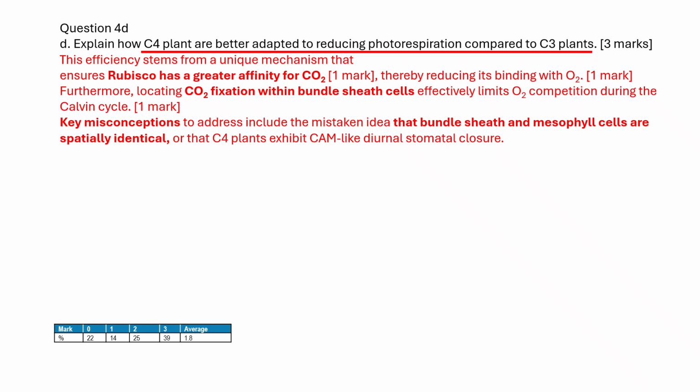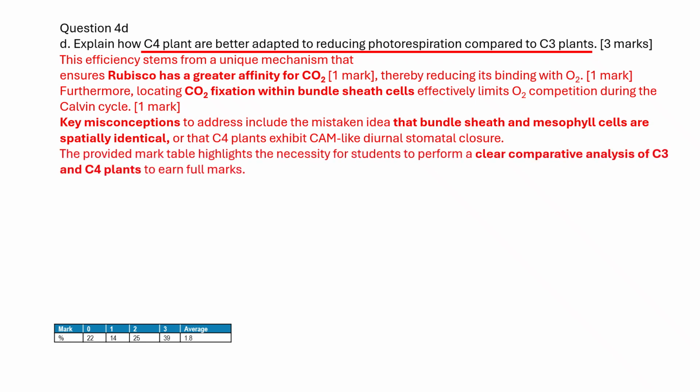Key misconceptions to address include the mistaken idea that bundle sheath and mesophyll cells are spatially identical, or that C4 plants exhibit CAM-like diurnal stomatal closure. The provided mark table highlights the necessity for students to perform a clear comparative analysis of C3 and C4 plants to earn full marks.